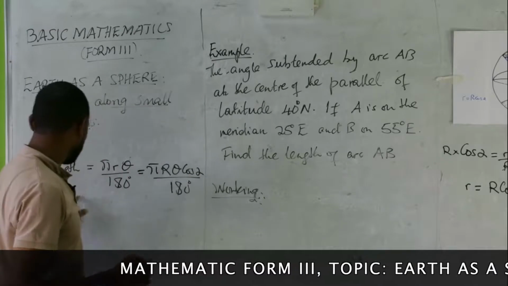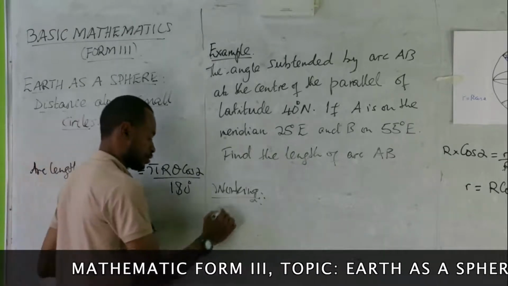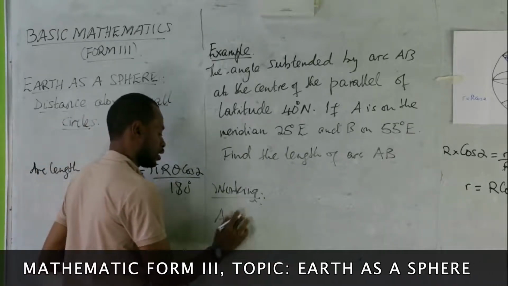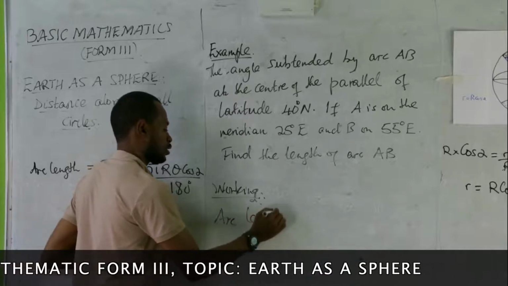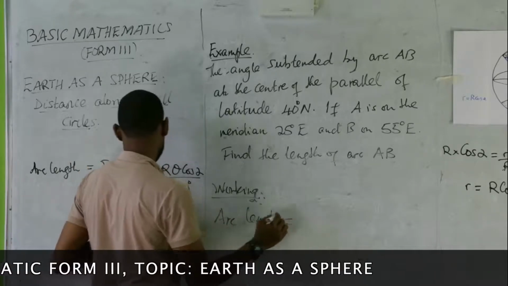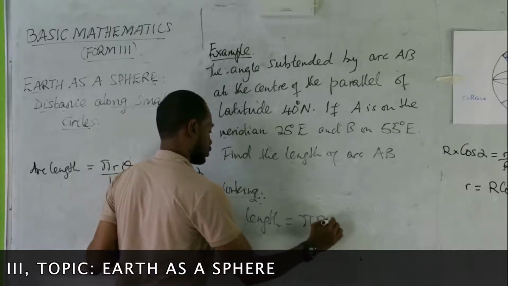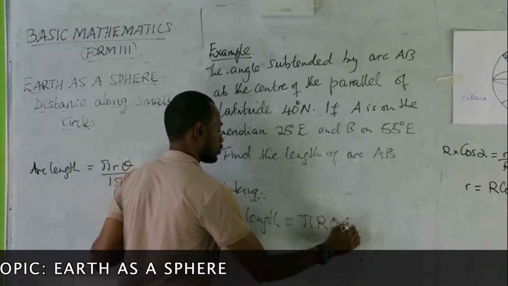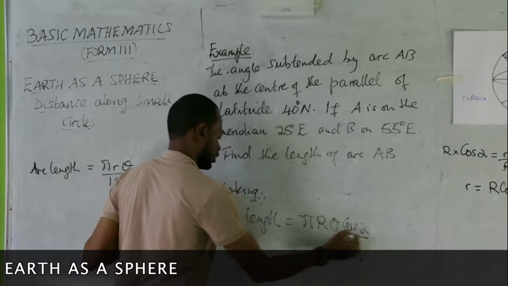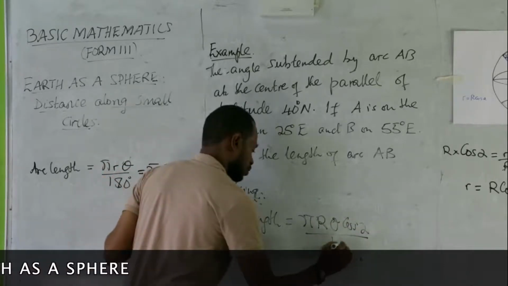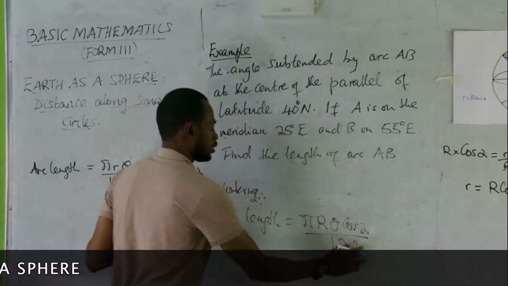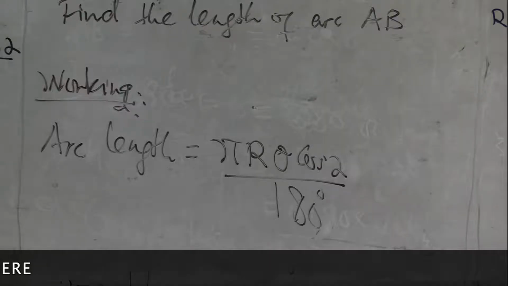Okay, our formula is this one. Arc length is equal to pi r theta cos alpha, the whole thing divided by 180 degrees. This is for a small circle.